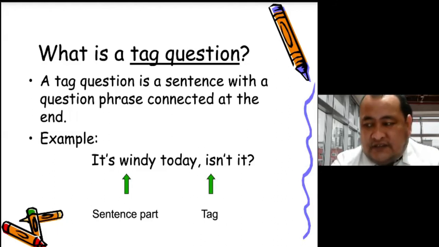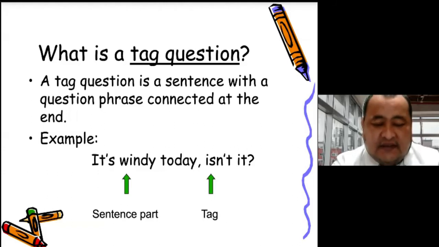Normally, if we just use a question to ask about today's weather, we can say, is it windy today? So that is a yes-no question.